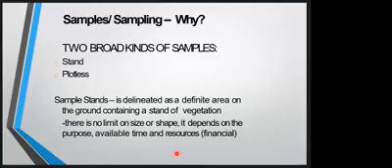So why do you do that sampling? What for? Maybe just to assess the vegetation, or maybe for particular purposes like EIA, environmental impact assessment. Let's say on 20 hectares you will construct a building, then you look at the vegetation analysis.